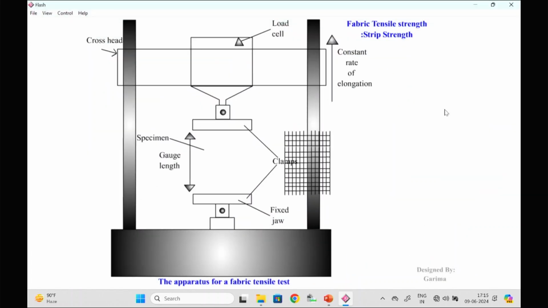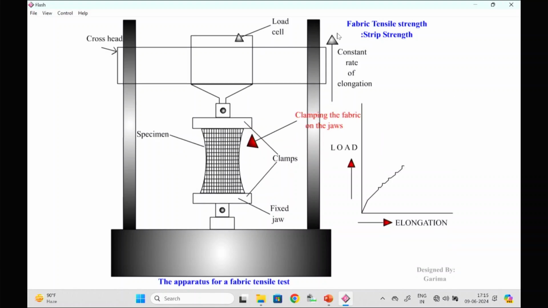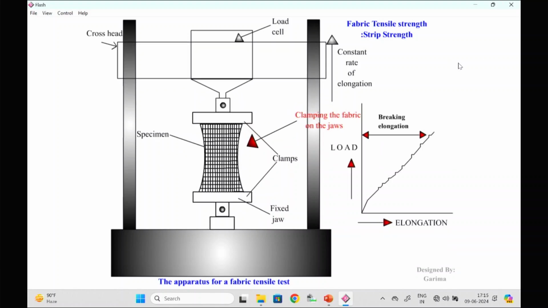The fabric is being placed here, and the load is being applied. We have clamped it. Now loading is done.